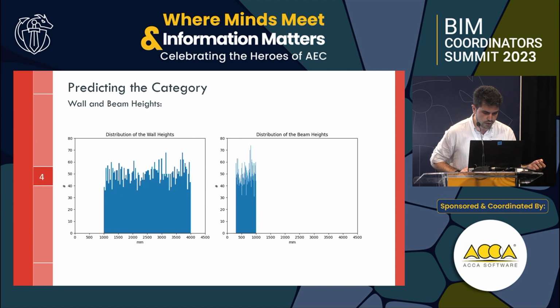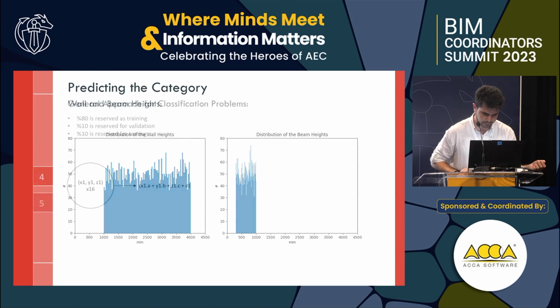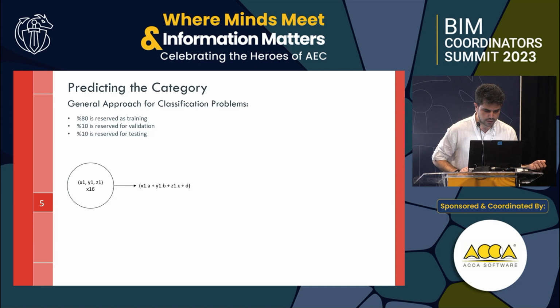And this is the number of walls and beams by their height. Of course, walls are higher on average. After my data library was ready, I used a general approach which is commonly good for classification problems. Again, I'm not going to dive into the technical details too much, but very symbolically, this is how it works.